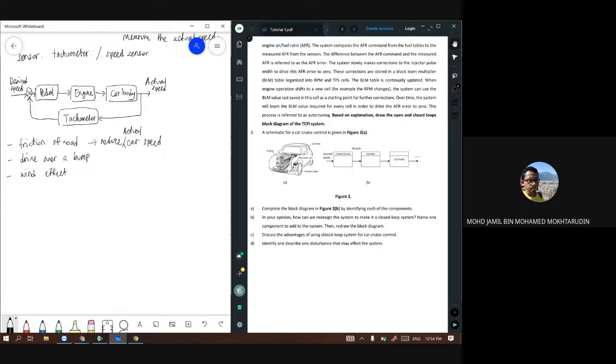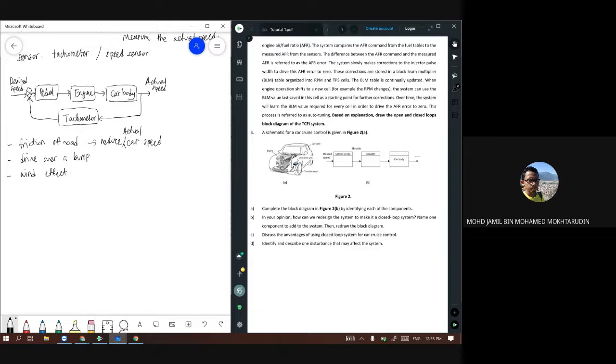So let's say you desire to drive 110 kilometer per hour, and the tachometer reading also indicates 110, but you feel that your car is driven slower than 110. So what you do is maybe you press more on the pedal to increase the speed.